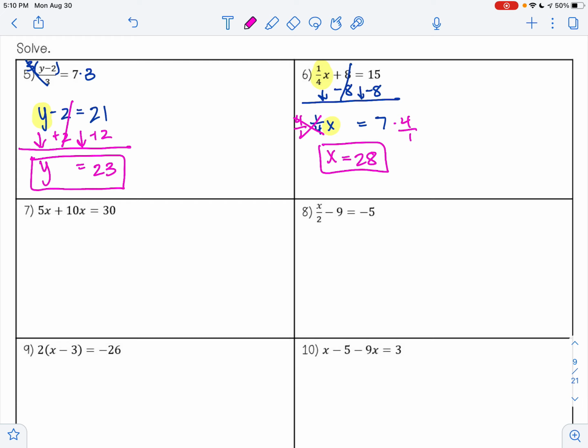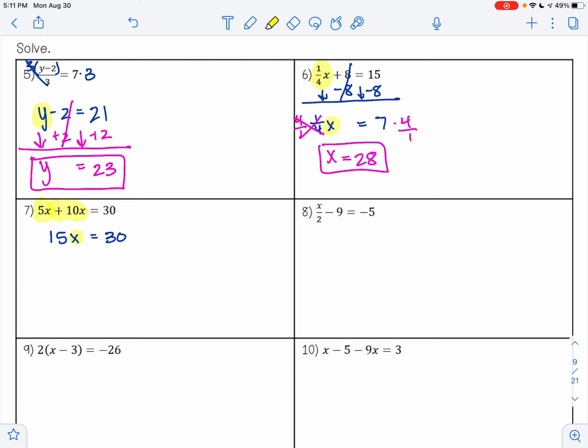On example 7, I have like terms, 5x and 10x. So I'm going to need to combine these like terms to be able to solve. 5x plus 10x is 15x. So I have 15x is equal to 30.